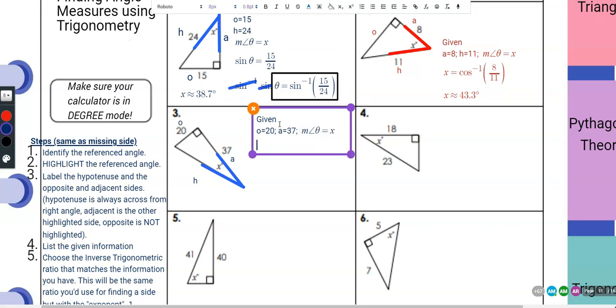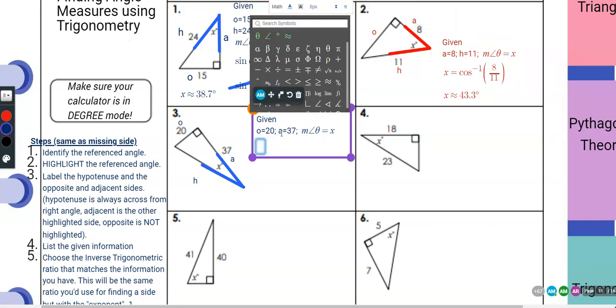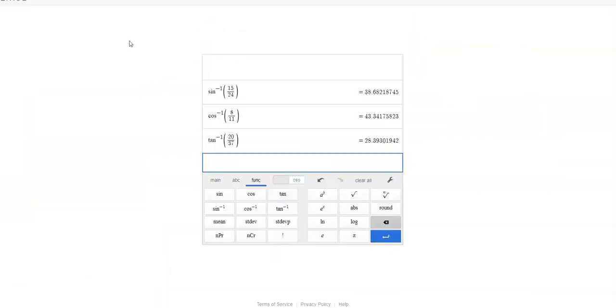Opposite and adjacent means tangent. So I'm going to use the inverse tangent to find the angle. We always use inverse to find the angle. And we get 20 over 37, and we get 28.